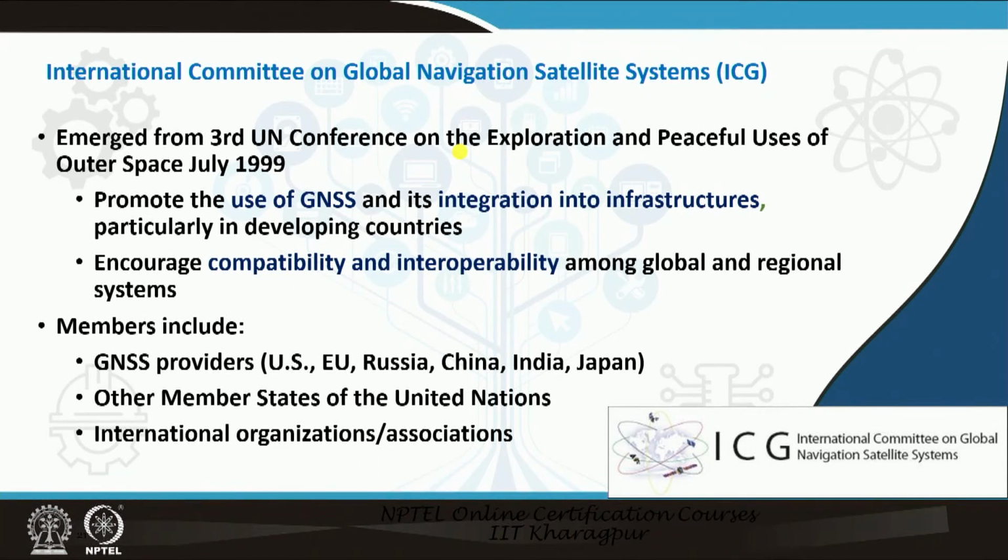Then China has its BeiDou or Compass, India has its own system, and you have Japan. All of these together are the members of this committee. Then other member states of the United Nations are also its members.